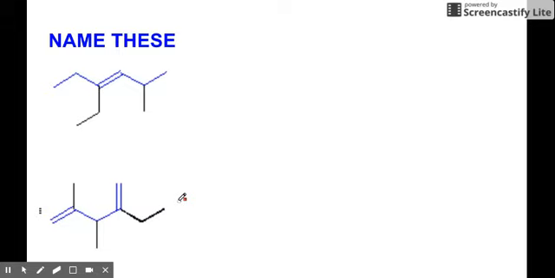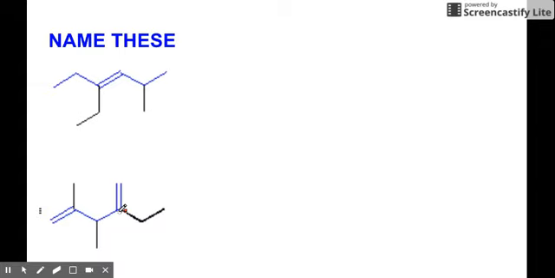Looking into our structure, the blue is definitely our parent chain. Why is it that we don't begin here where you see the black lines, the two carbons here? We don't begin here because if we begin here, this double bond will not be included in the parent chain, right?